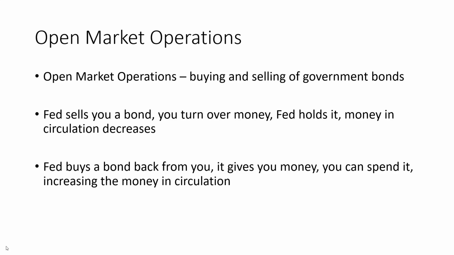All right. We've seen recently that the manipulation of the discount rate also gets used, but it doesn't get used as frequently as open market operations. So familiarize yourself with the tools that the Fed has available to it.